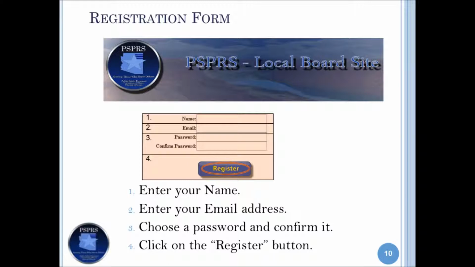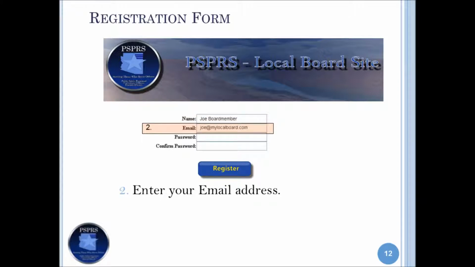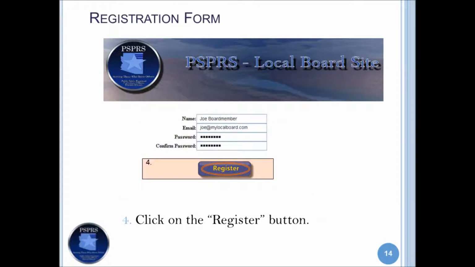It's that simple. Have you guys signed up for this yet? The local board portal? This is the number one thing you want to do when you go back. Encourage your members to sign up for the members only, and you as a secretary need to sign up for this. Once you go back to register and you've entered your name, email, and password, you click on it and then you're in the database.